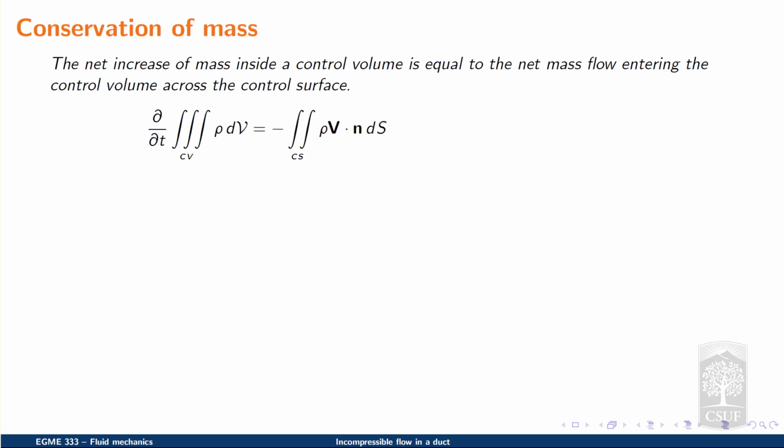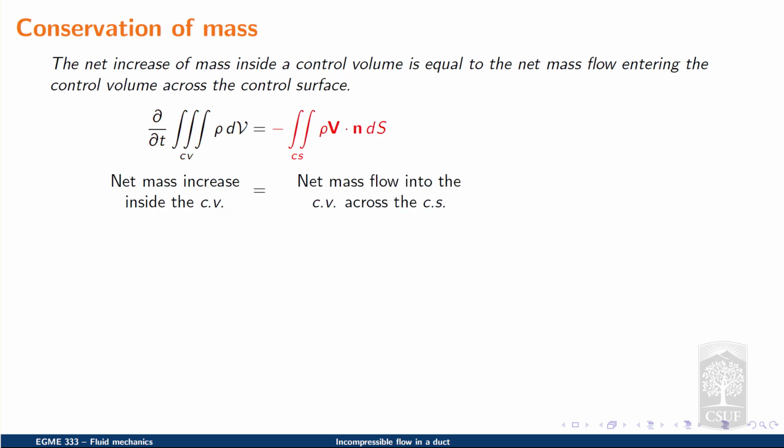Mathematically, the conservation of mass can be expressed with the following vector integral equation, where the left-hand term represents the net mass increase inside the control volume, and the right-hand term represents the net mass flow into the control volume across the control surface. However, to explain our situation, we have to make the following assumptions.